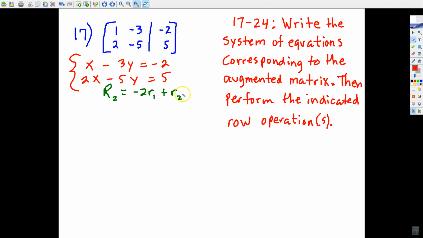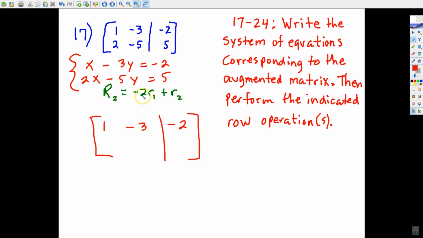Then we're going to add that result to row 2, and that is going to replace this row 2 that we're looking at. Notice row 1 is not changing. So when I write this new matrix to show these row operations, I'm not doing anything differently to row 1. But row 2, according to this, is going to be changed.